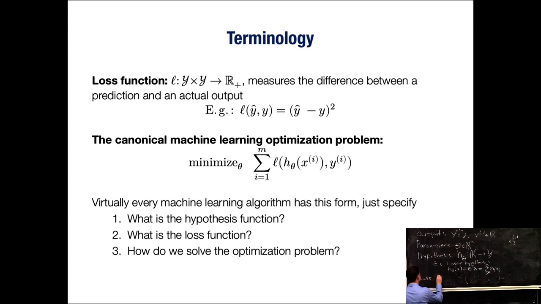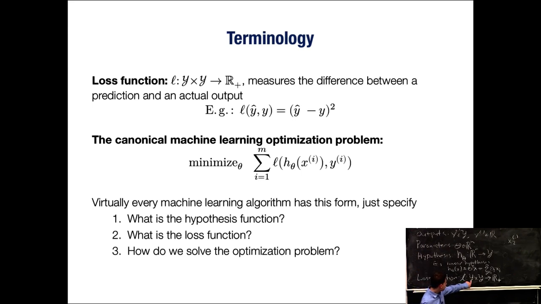And this is going to be how we measure. This is a function which I'm going to call L, which takes two outputs and outputs a real, in fact positive, number. This is a way of measuring how close the prediction of a hypothesis function is to the actual value.